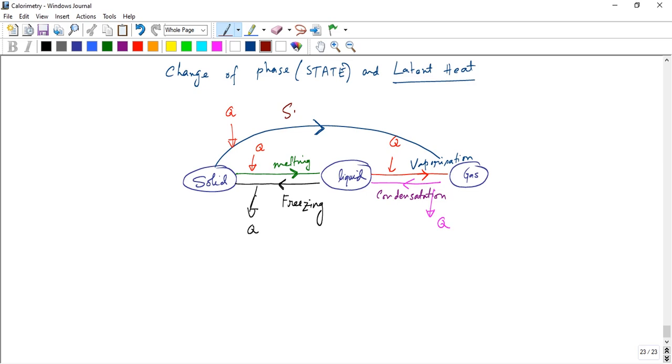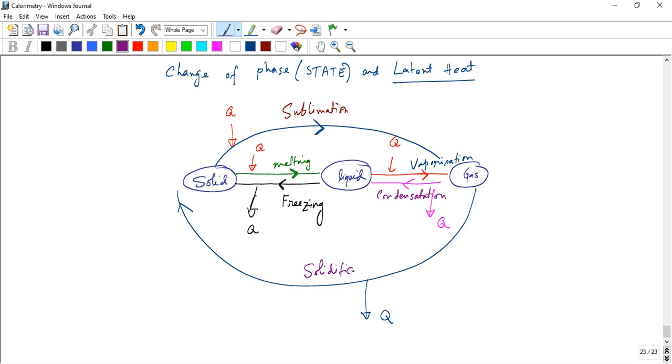Similarly, when gas releases some heat and turns directly into solid, skipping the liquid part, this is called solidification.